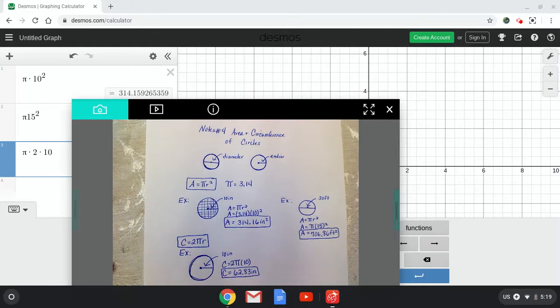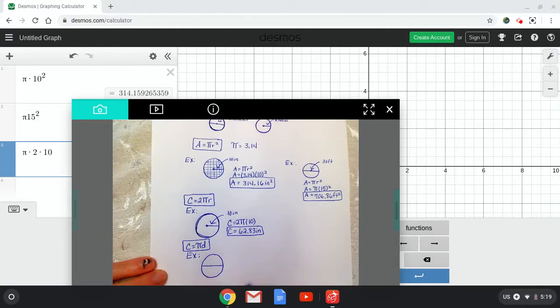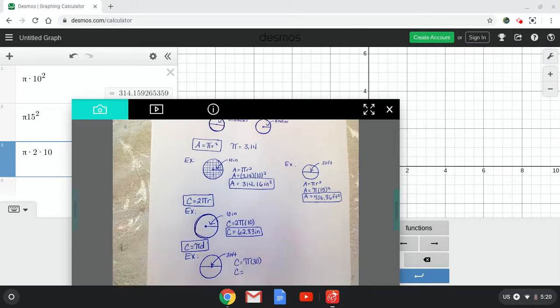Our last one here will be circumference with a different formula. Pi times d is another circumference formula that you can use if you're given the diameter. So if you have a circle and they give you the entire distance across the center, that would be circumference equals pi times 30, or 30 pi.